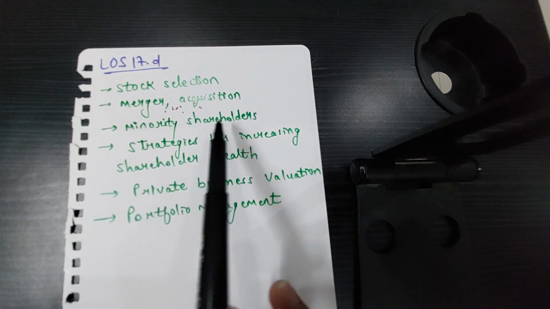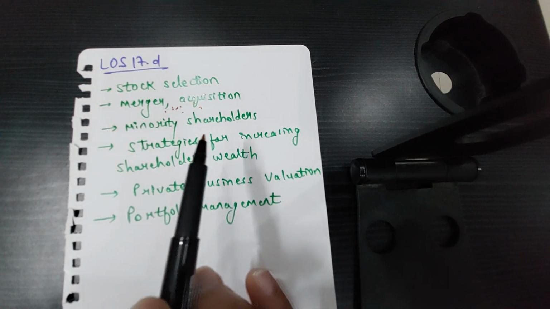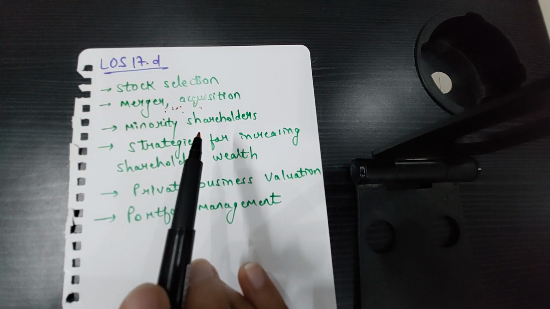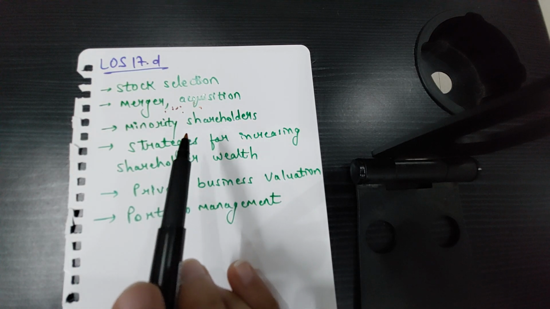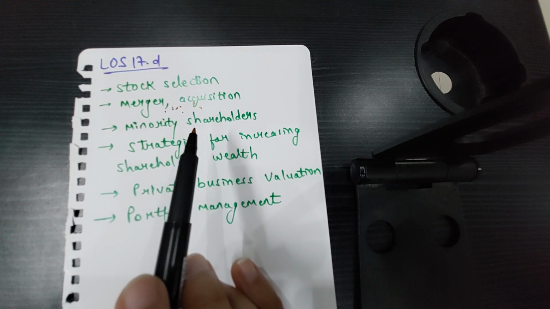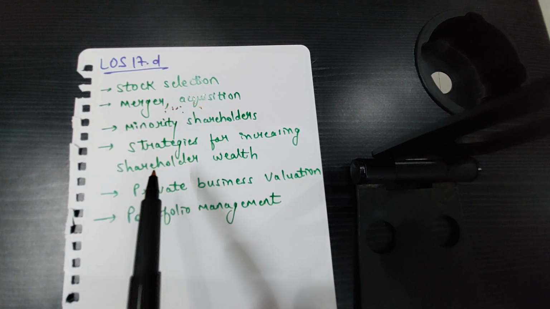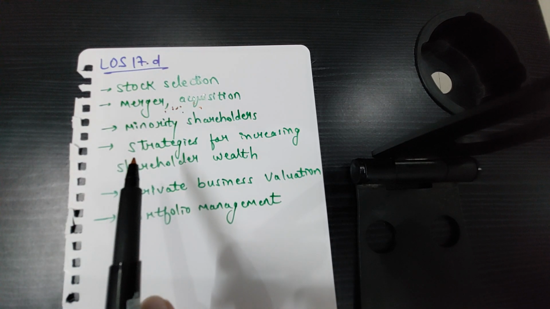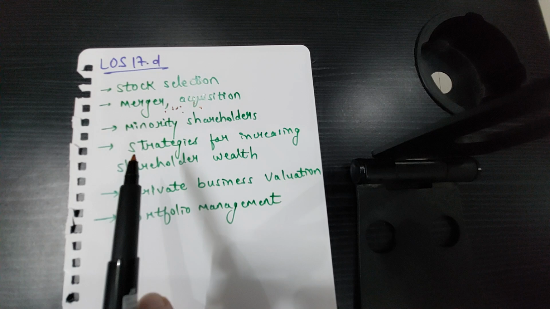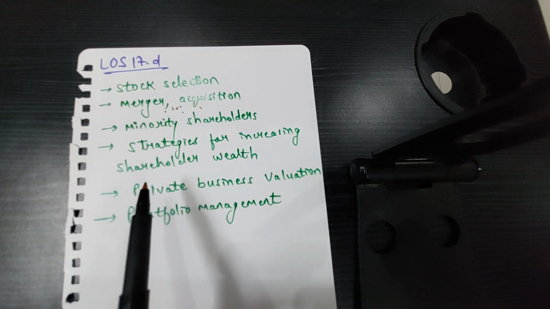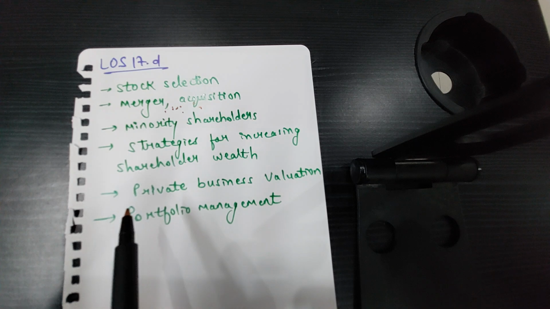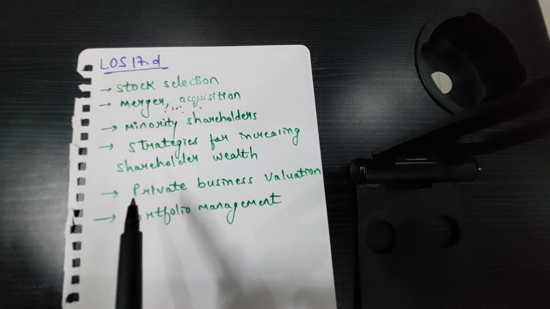Then minority shareholders. For minority shareholders, whenever you need to find out the fair price of the company so that minority shareholders get the right price. Then while the company is coming out with strategies, they would like to finalize the strategy which increases the shareholders wealth, which maximizes shareholders value.